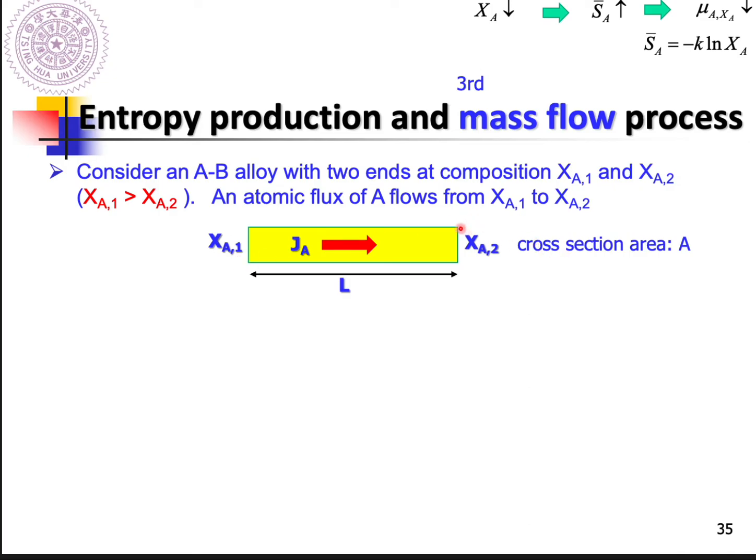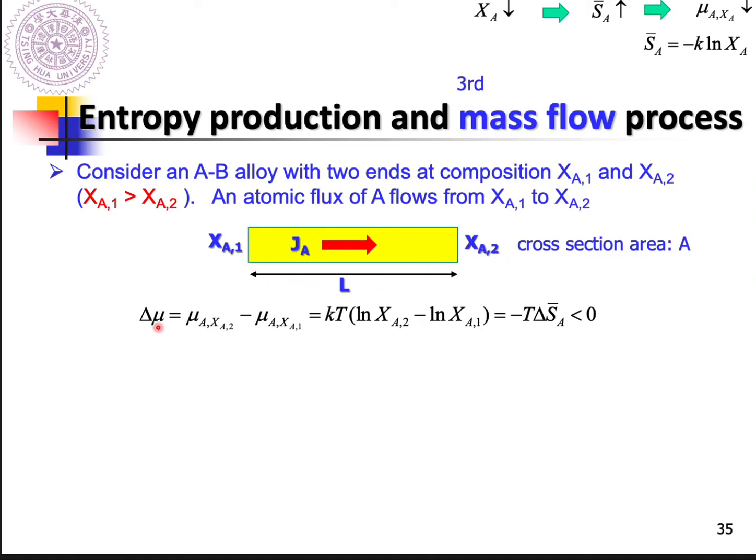And we assume the cross-section area here is A. Atomic flux usually implies that there's definitely a chemical potential gradient or difference in this material.